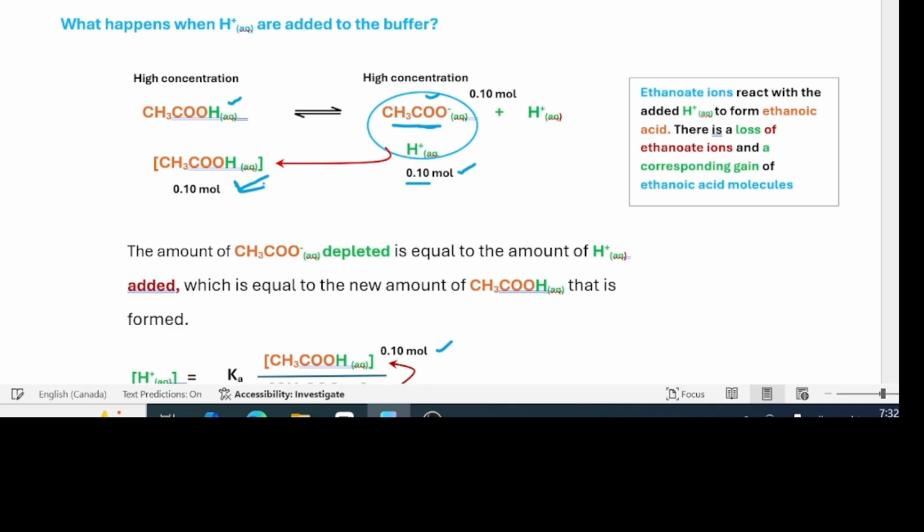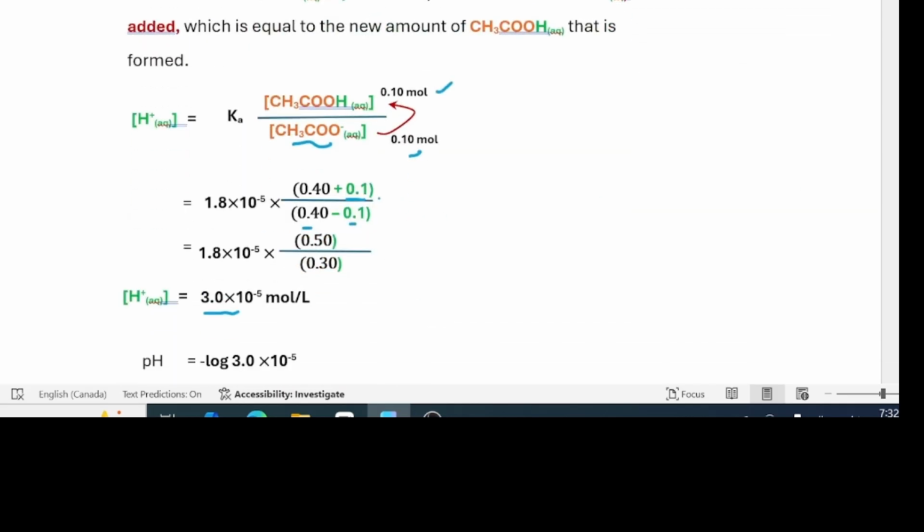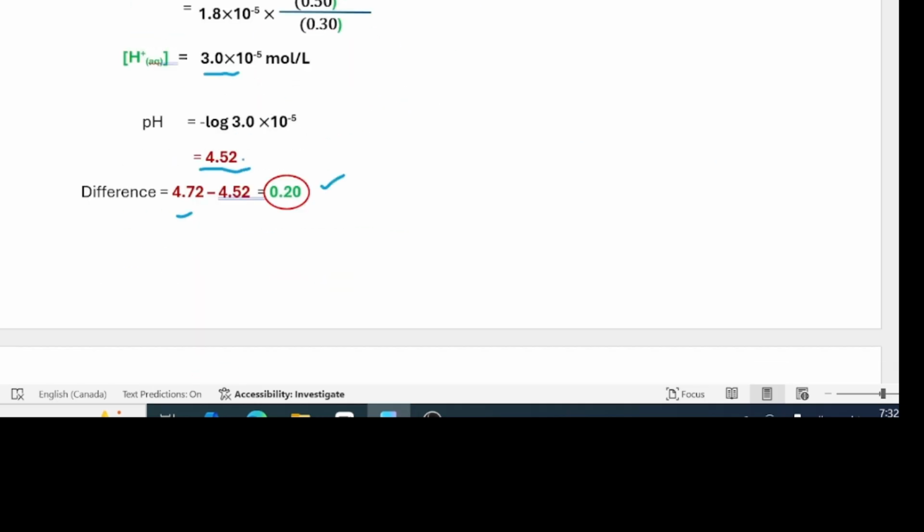In so doing, the concentration of these ions decreases by a corresponding amount of H ion that is added, and that increases by the same amount, and that's why we have these new concentrations here. Okay, we remove from the bottom and add to the top. We ended up with a final pH of 4.52, and the difference is this.